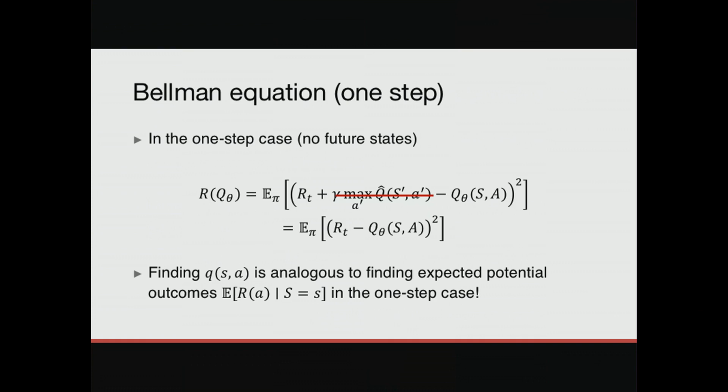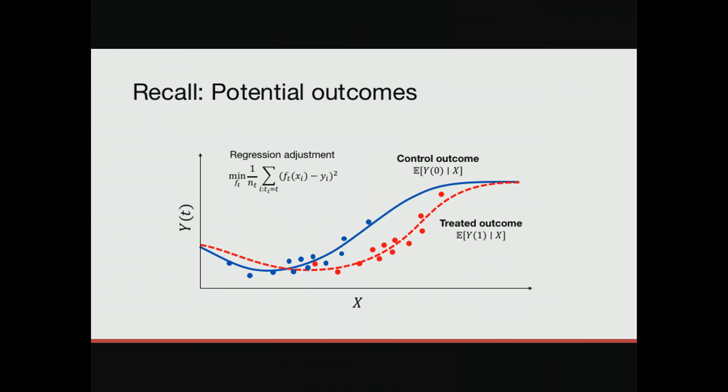If we have a single time point in our process, the problem reduces to estimating potential outcomes, just as the way we saw it last time. We have curves that correspond to the outcomes under different actions, and we can do regression adjustment trying to find an F such that this quantity is small, so that we can model each different potential outcome.